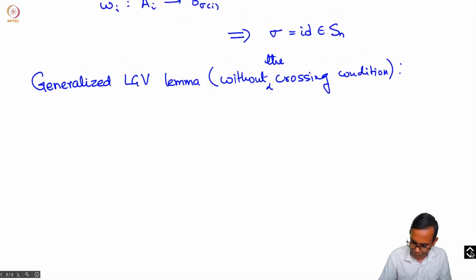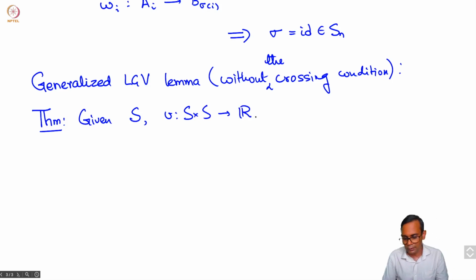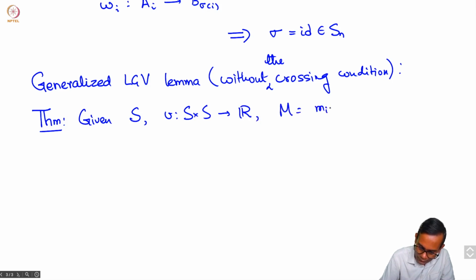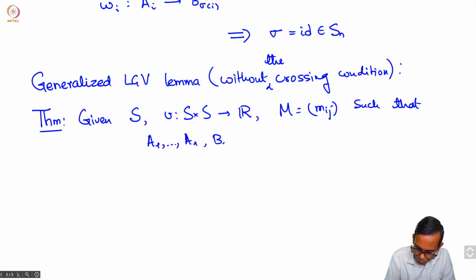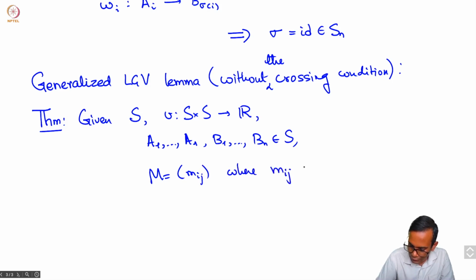So it says that given S, a set of nodes, a weight function v from S cross S to R, and we're also given A1 up to An, B1 up to Bn in S, and a matrix M with entries Mij, where Mij is the sum over all paths gamma from Ai to Bj of the weight of gamma.